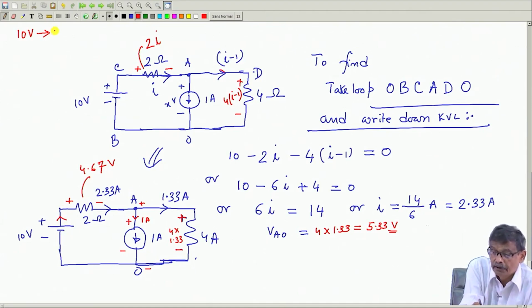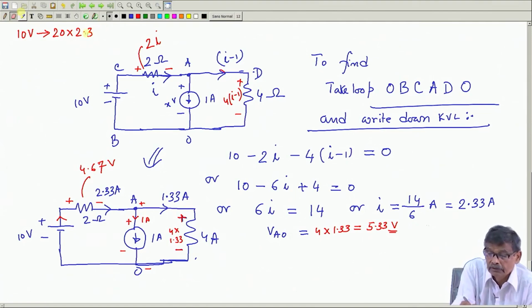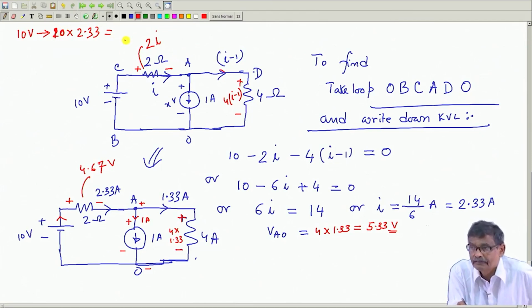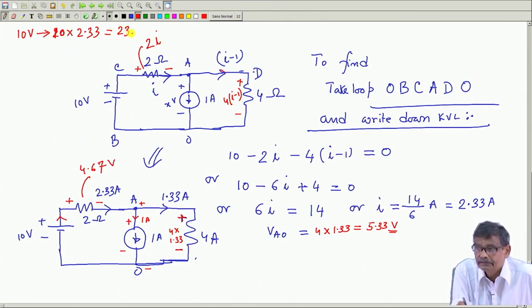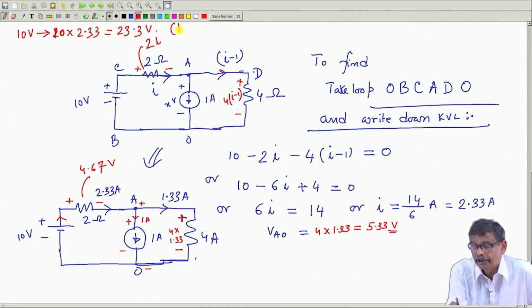How much power? 10 volt into 2.33, how much? 23.3 watt. So, this battery is delivering power, mind you, delivering.